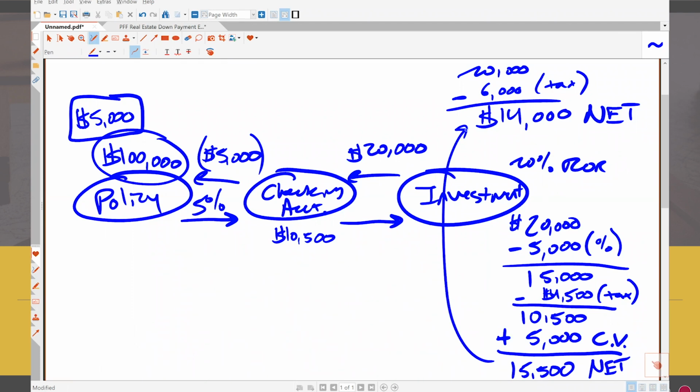Though where most people get hung up in this whole scenario, and the biggest problem that we see, which is mainly just a problem of our perspective, is that very few of us, until we get deep into this for a few years, very rarely see the policy as a bank.